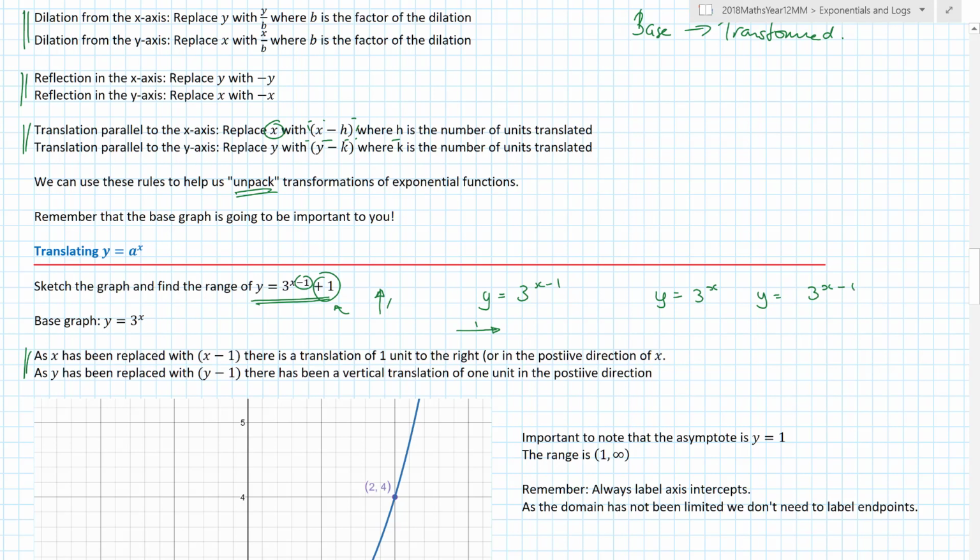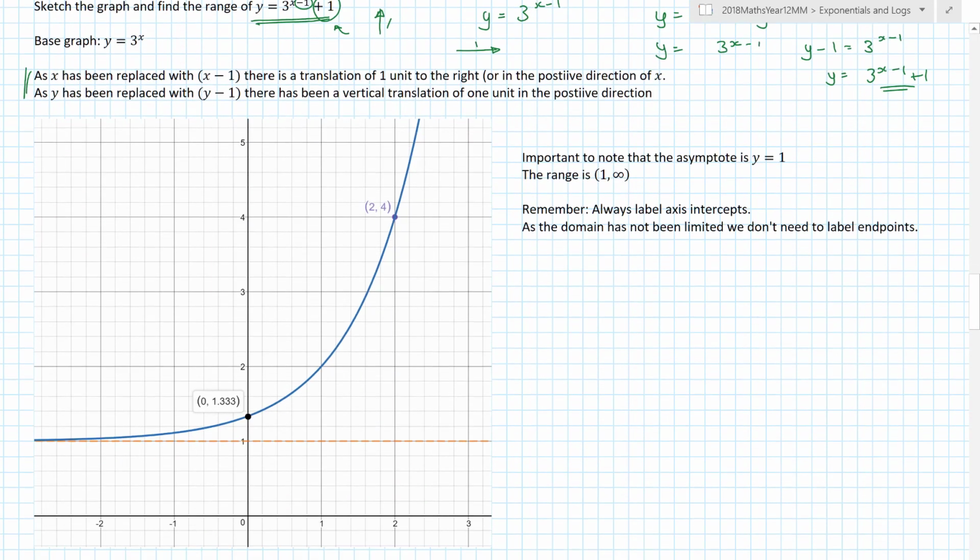Likewise, we've replaced y with y minus k, where k is the number of units translated. So where we had y equals 3 to the x minus 1, we've now replaced that with y minus 1 is 3 to the x minus 1, which gives me y equals 3 to the x minus 1, plus 1. So there's my equation. I'm just using those shortcuts to help me.